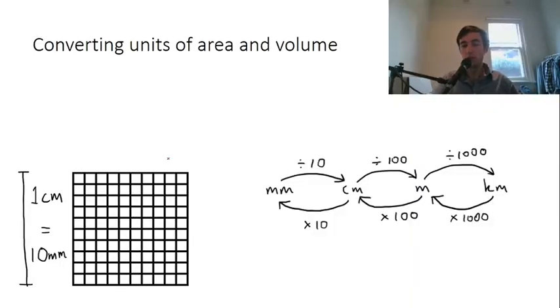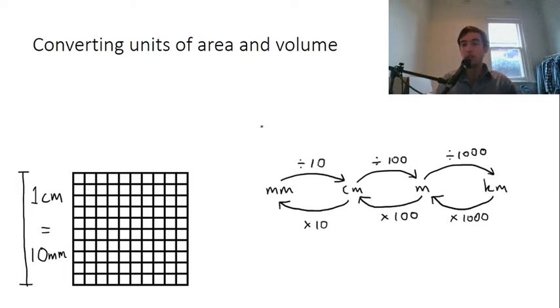Now before we move on to properly finding the area, we need to talk about converting units of area and volume. You need to watch the video on converting units of length before you watch this one, because in that video we talk about this chart and how to get it and also how to use it.